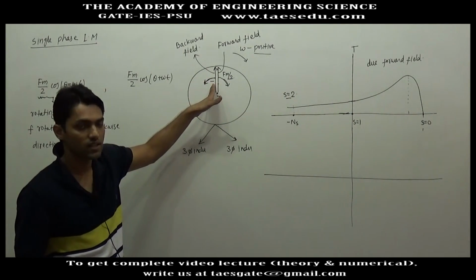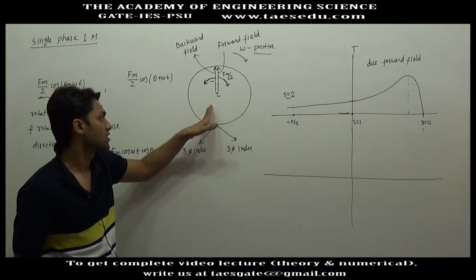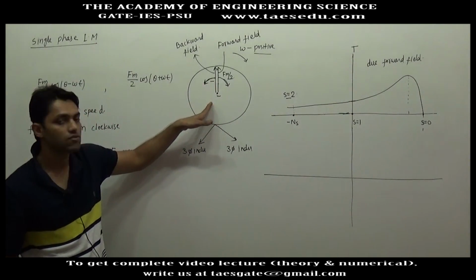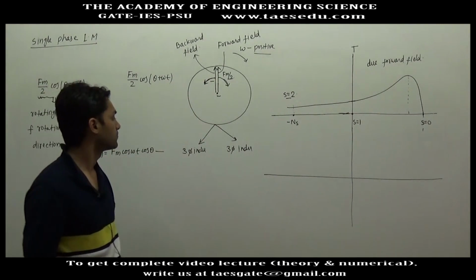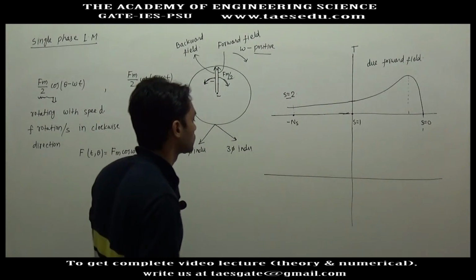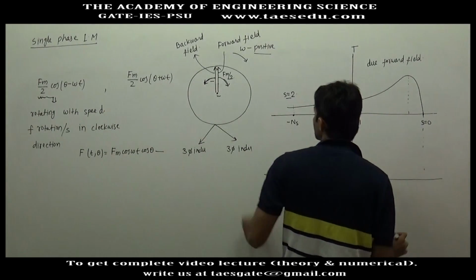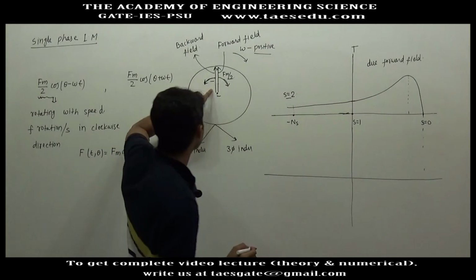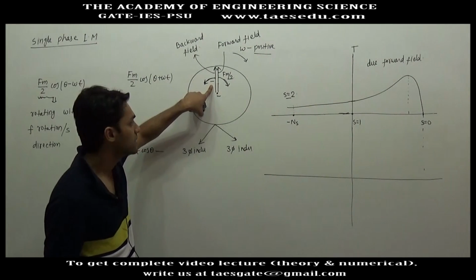So due to this field, rotor conductor will try to rotate in anti-clockwise direction so as to reduce the relative speed between this field and rotor conductor. So for this field, if rotor rotates in anti-clockwise direction, relative speed will be less.